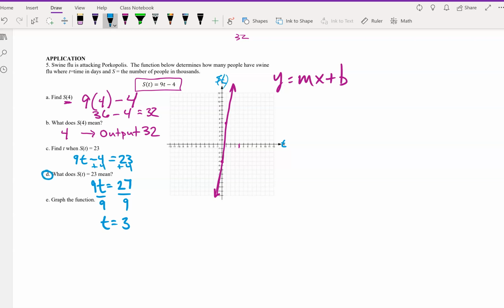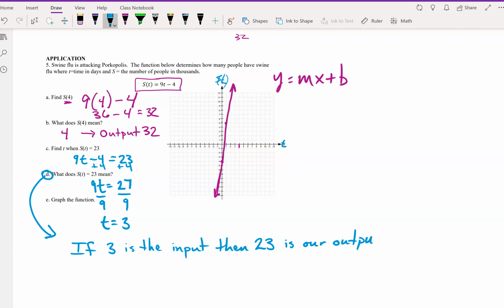What that means is, if 3 is our input, then 23 is our output. Okay, so really pay attention to when you are given an input versus when you are given an output. That's an input, this one's an output.